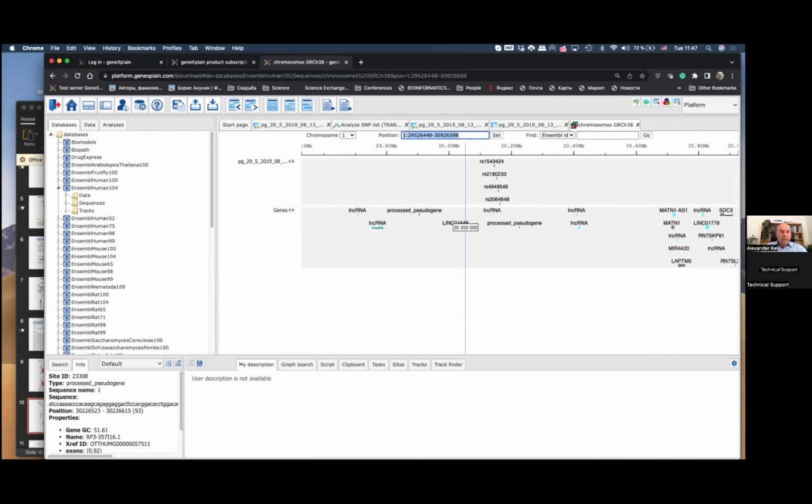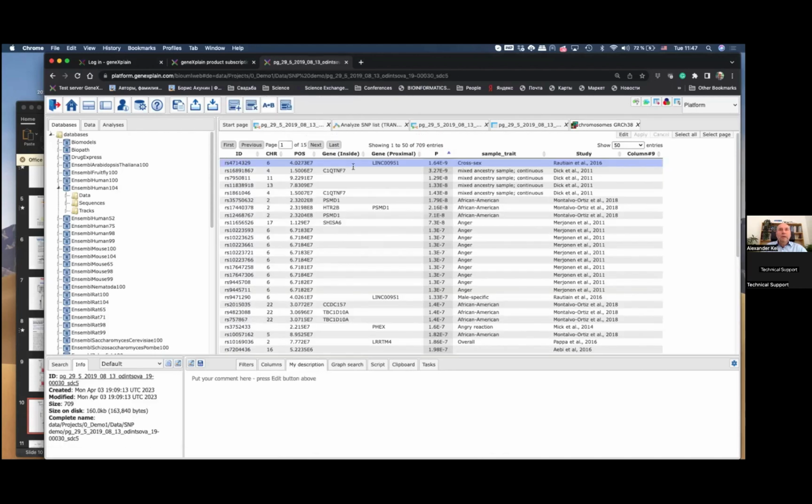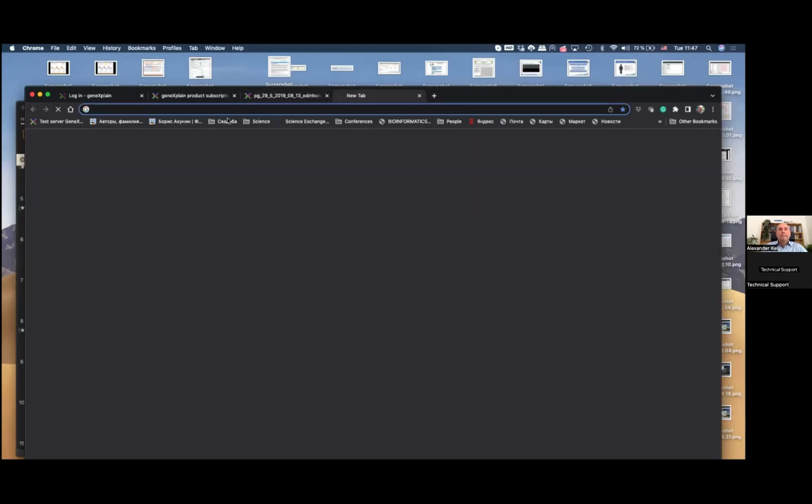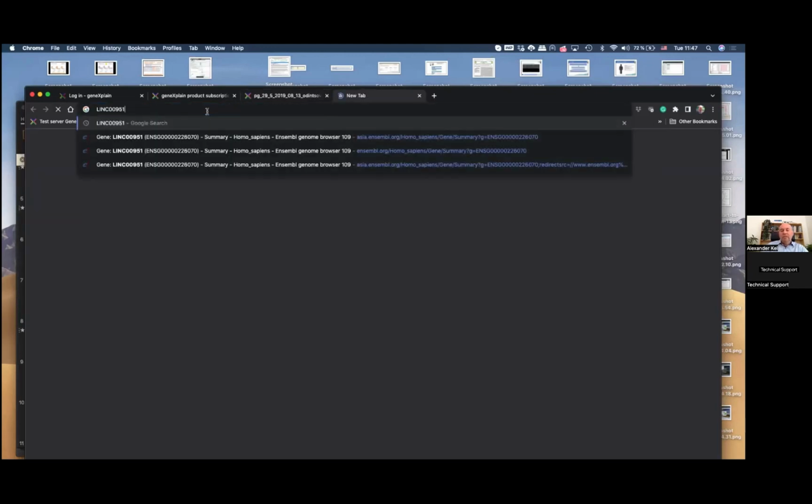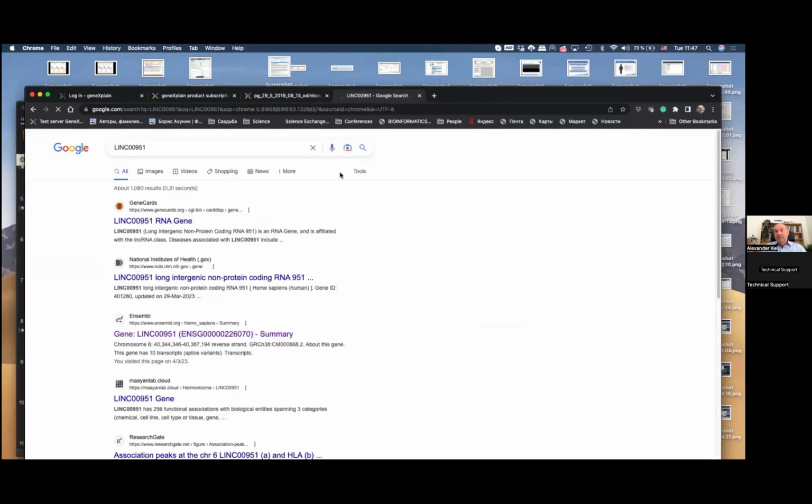So for that, we need to know that accession number. Let me find it out. So let's go to the table. So we have this gene. Let's simply Google it, just to know a bit more about this gene. So sometimes Google is a very important tool for you.